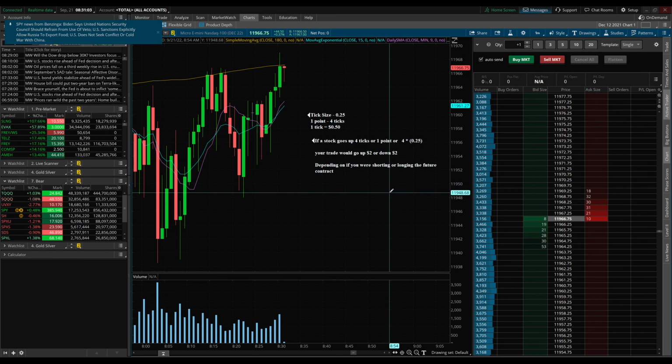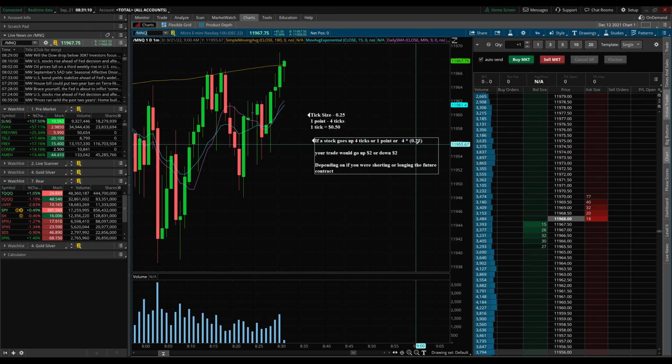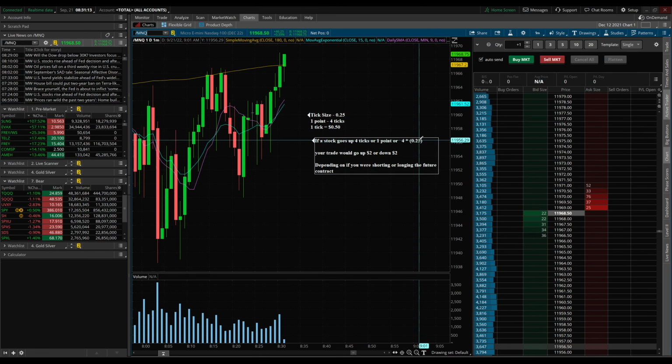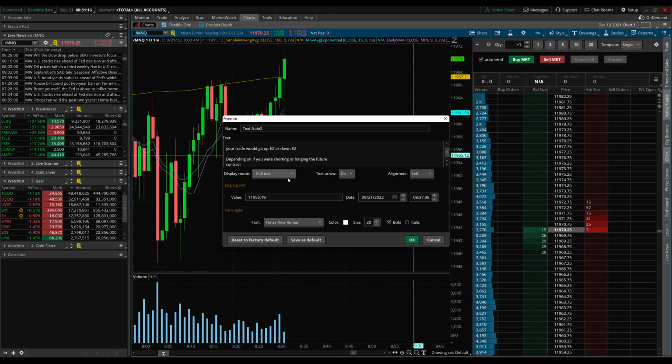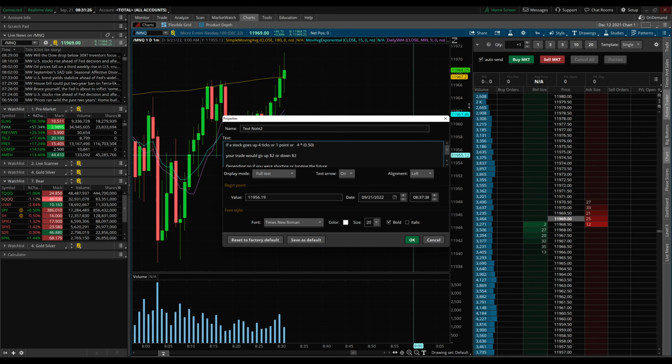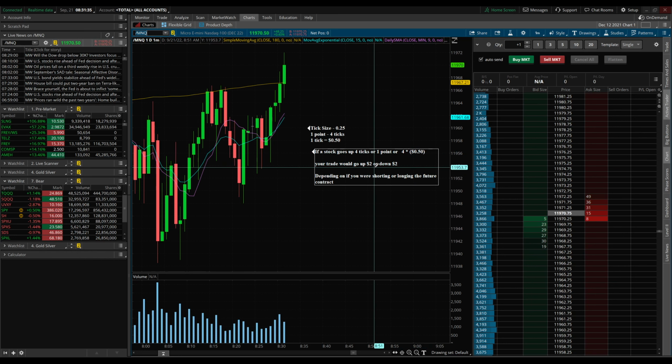So if the stock goes up 4 ticks, or 1 point, that's 4 times 50 cents, so that's $2 right here.